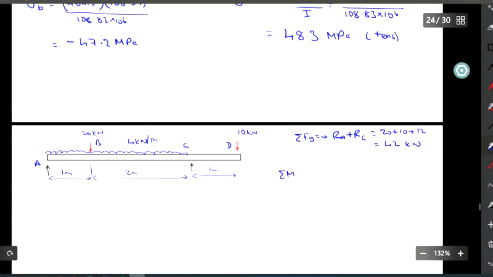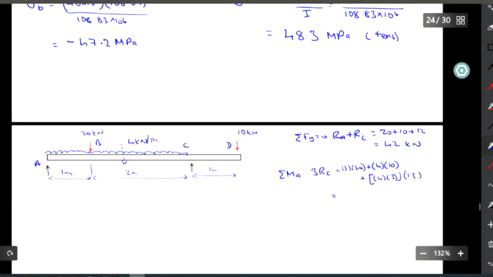Okay. Take moments about point A. We get 3 times RC is equal to 1 by 20 plus 4 by 10 plus 4 times 3, and that UDL is assumed to act 1.5 meters along.